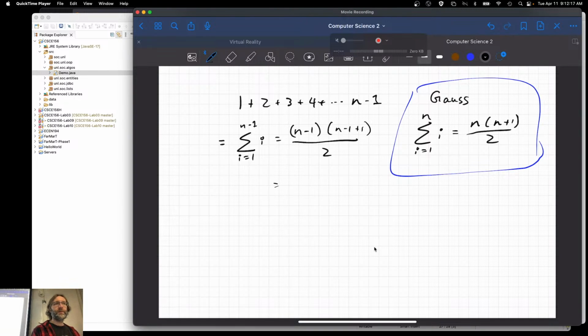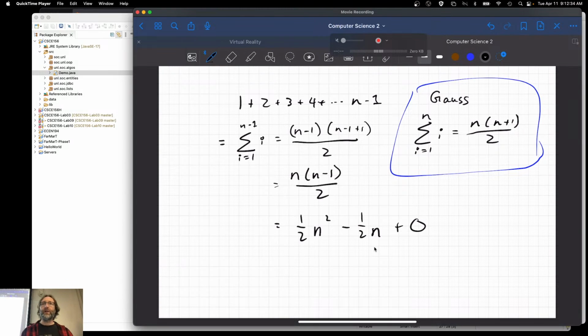What happens to that plus 1 minus 1? It goes away. We'll put n first: n times n minus 1 all over 2. Now if you expand that out, what do you get? 1/2 n squared minus 1/2 n plus 0, which looks like a quadratic polynomial to me.